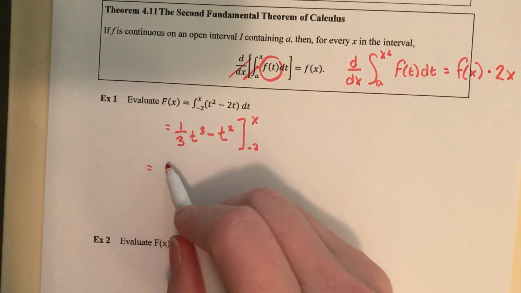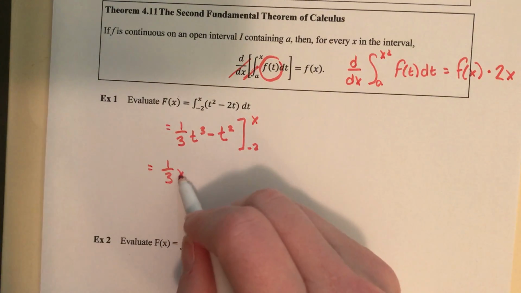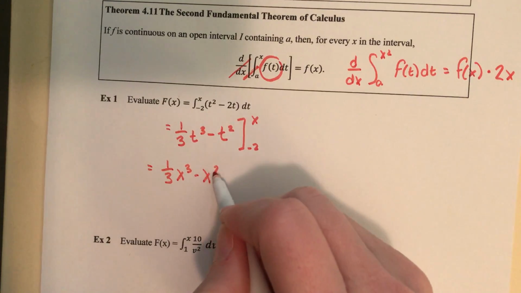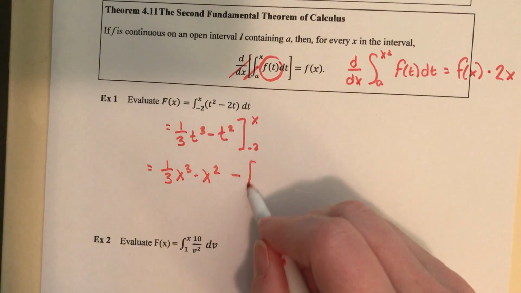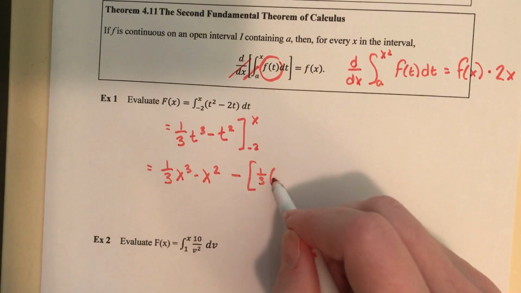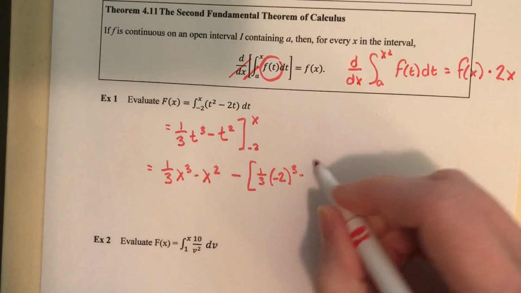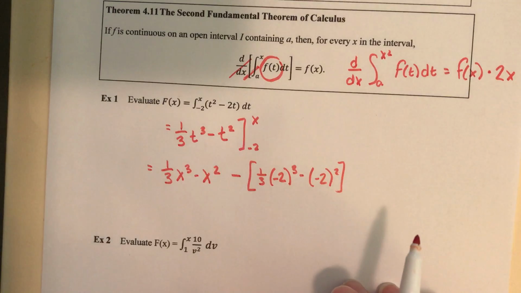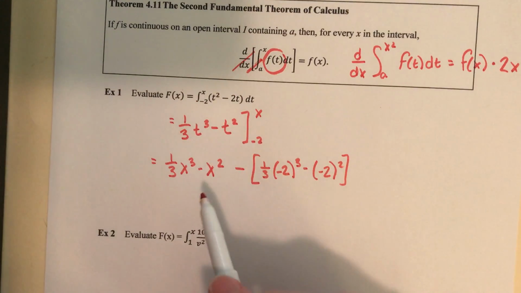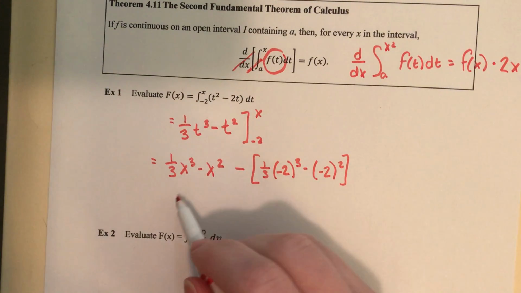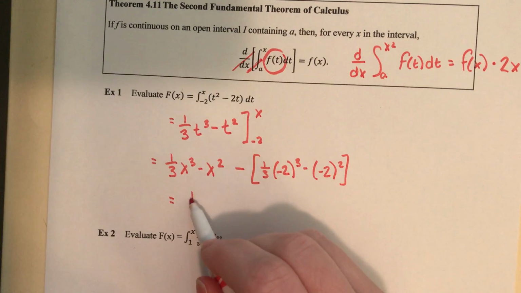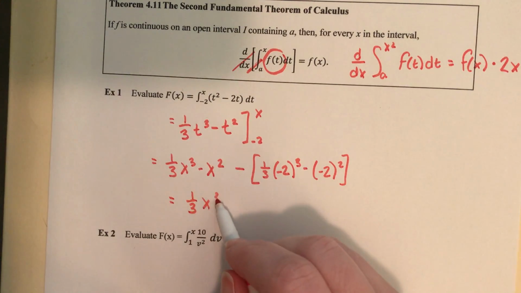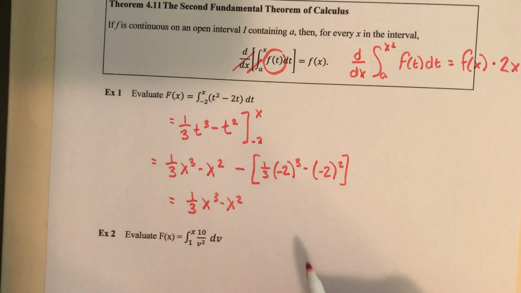So I'm going to plug in x first, minus, now I'm going to plug in -2, and now we're going to evaluate. So over here, I can't evaluate anything because I don't know what x is. So I'm just going to leave it as 1/3 x cubed minus x squared.